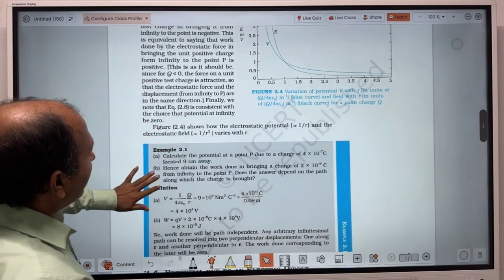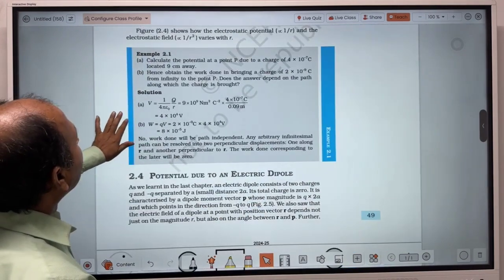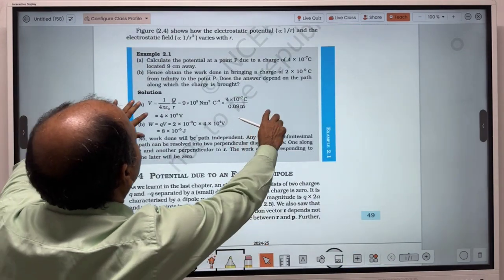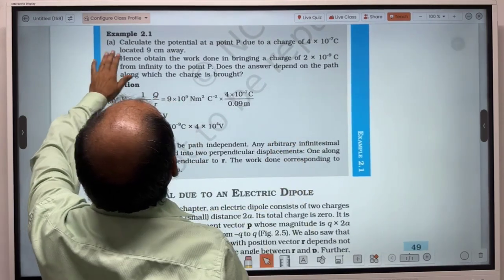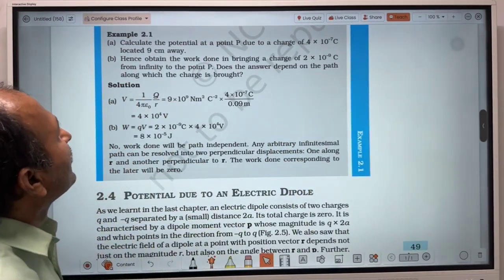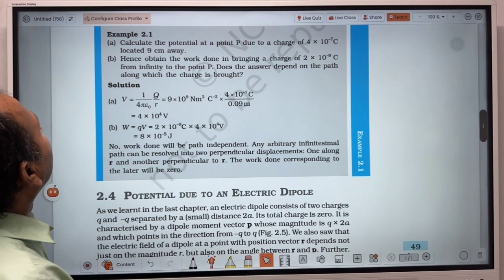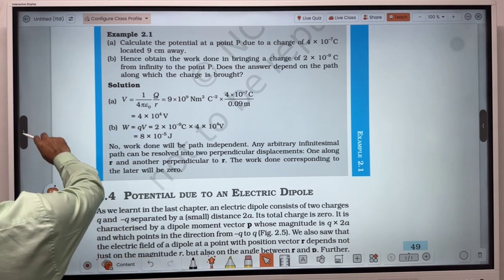Now we are going to see one numerical. I think it is visible. Calculate the potential at a point P due to a charge located 9 centimeter away.